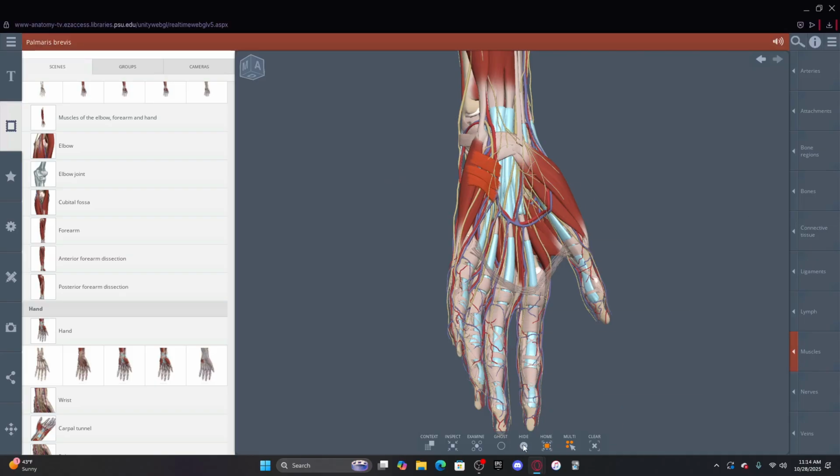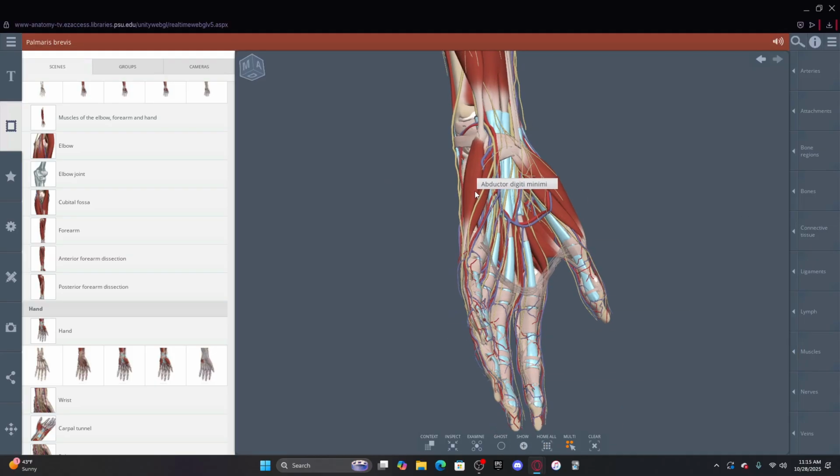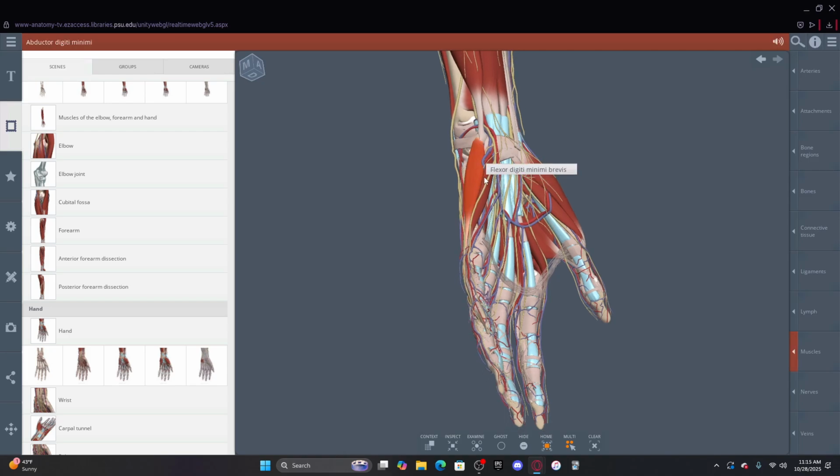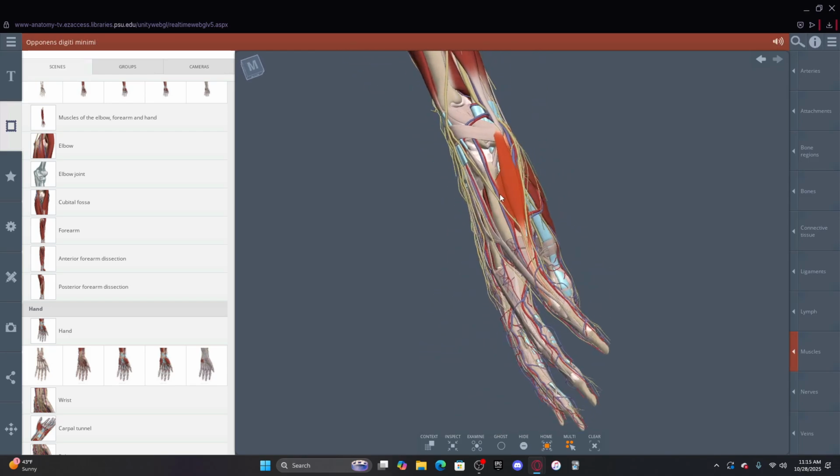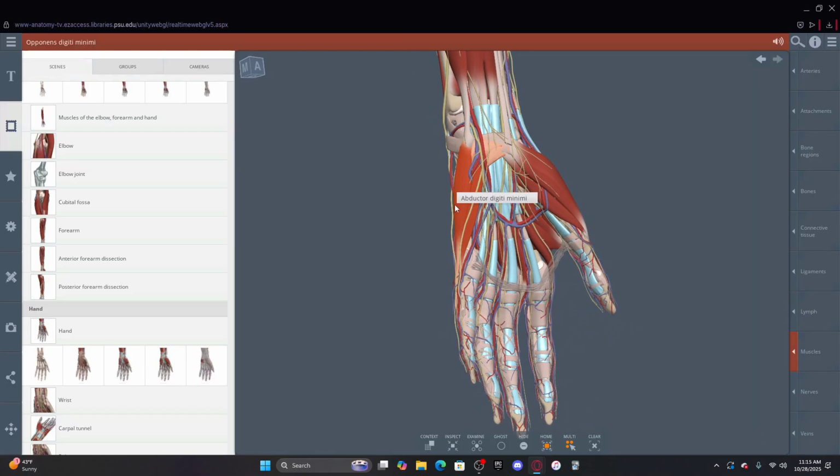I'm going to remove this. So there are three muscles, and those three muscles comprise the hypothenar muscles on the ulnar side.